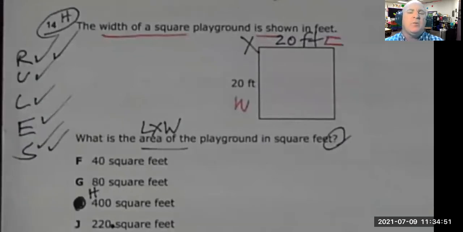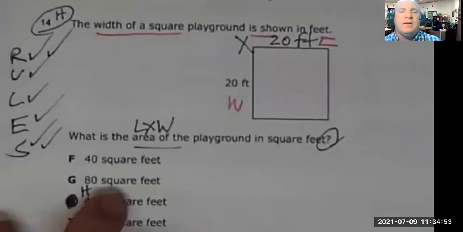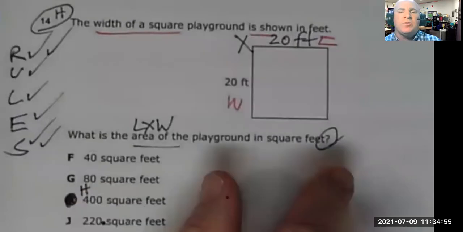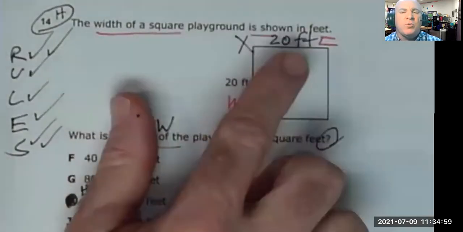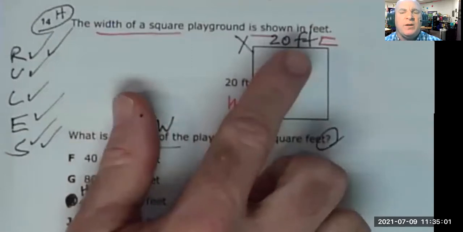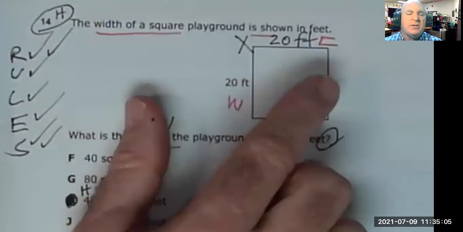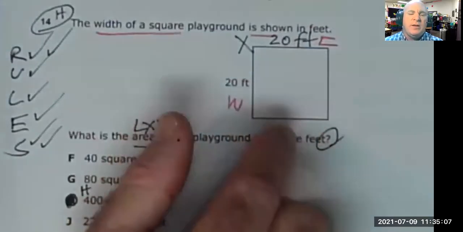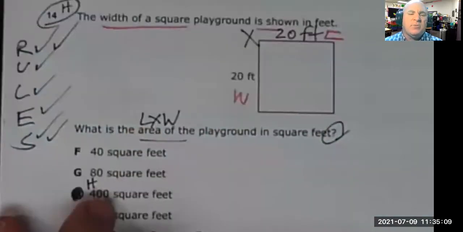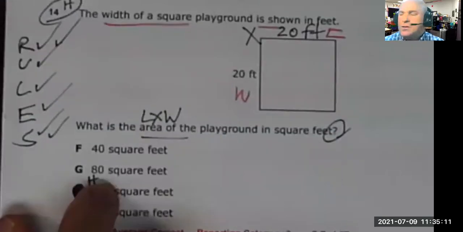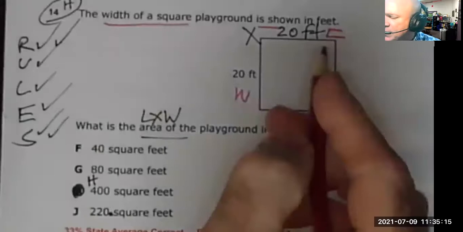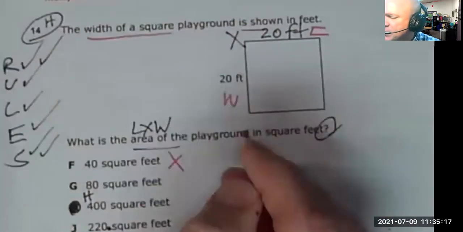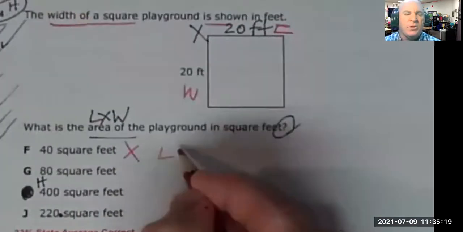Because they did perimeter. 20 plus 20 is 40 feet. Since we're not multiplying, we don't need squared. Plus 20 is 60. Plus 20 more is 80 square feet. So if you did length plus width, you'd get F, which we will eliminate. That would be length plus width. We don't want that.